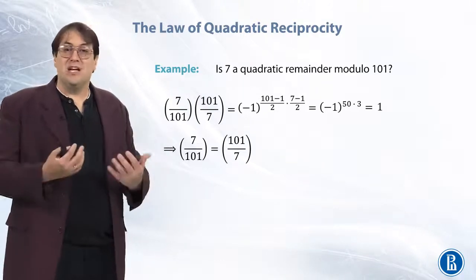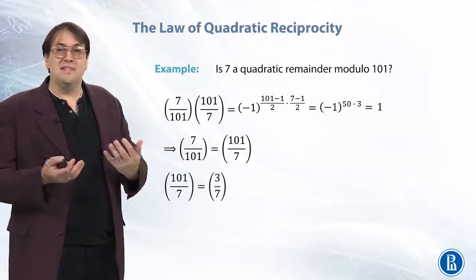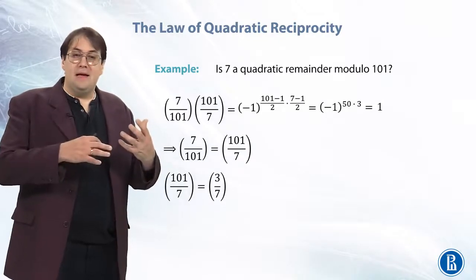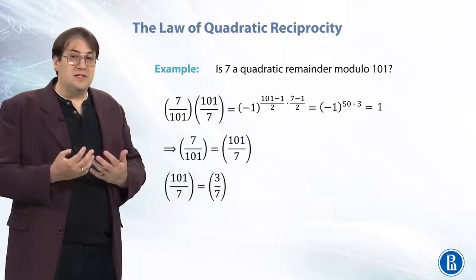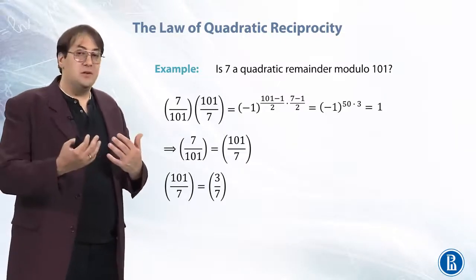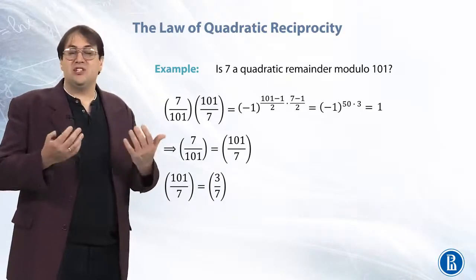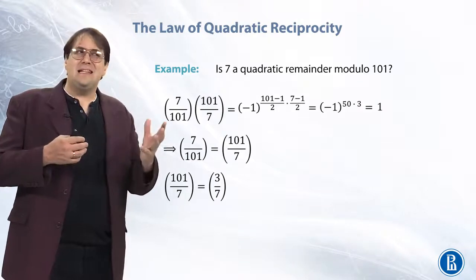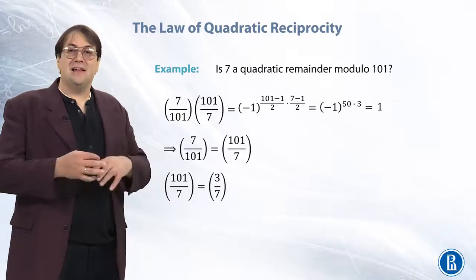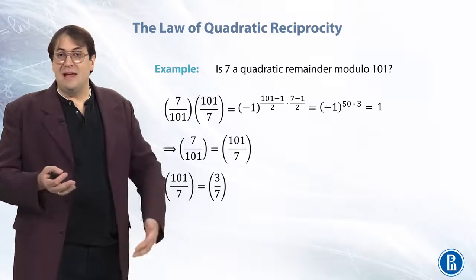So this happens simultaneously. Okay, so now calculate the symbol of 101 modulo 7, and we can, of course, switch 101 to its remainder modulo 7. So we make the substitution. We understand that 98 is divisible by 7, so we subtract 98 and 3 is all that remains, so it's called the remainder.